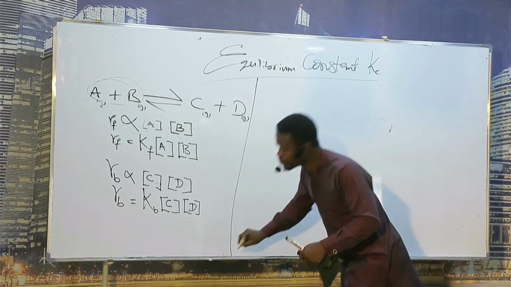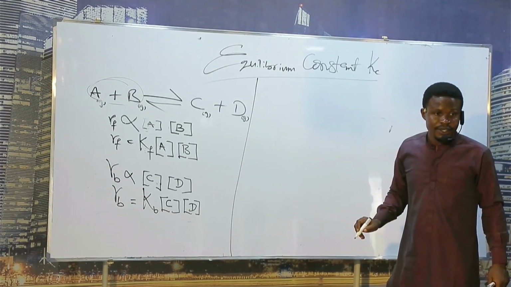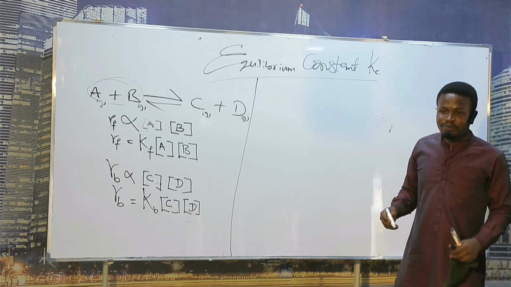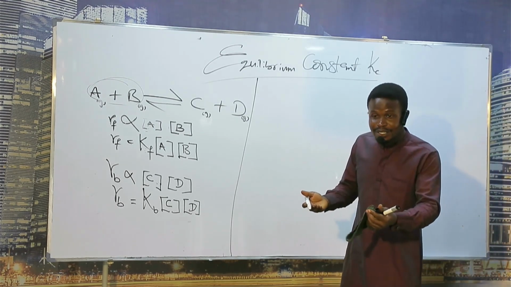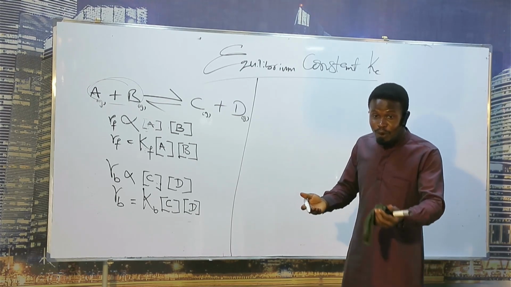At equilibrium, what happens? The rate of the forward reaction is equal to the rate of the backward reaction.